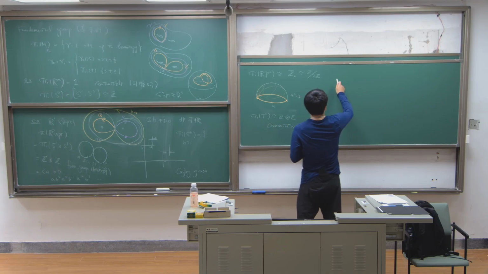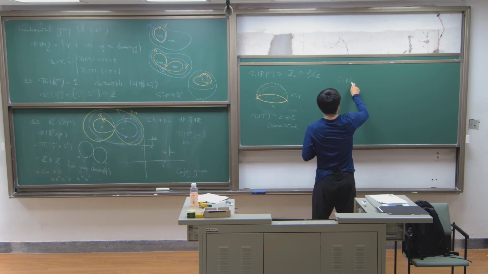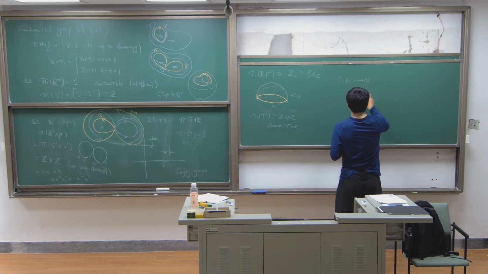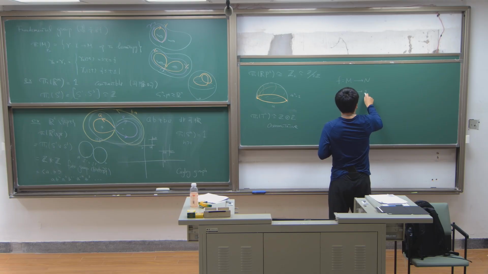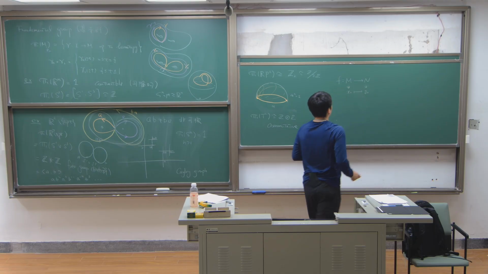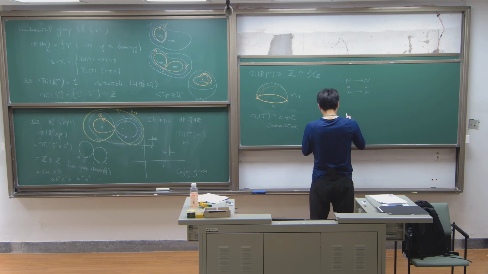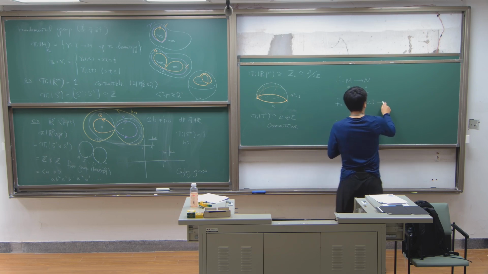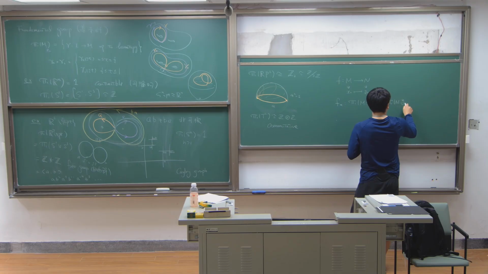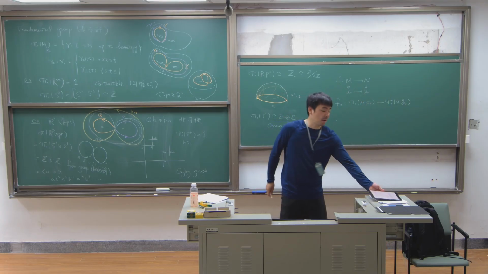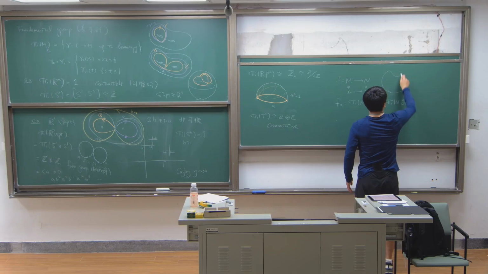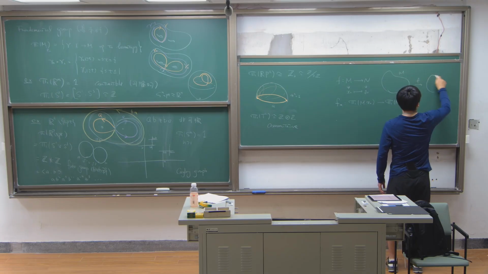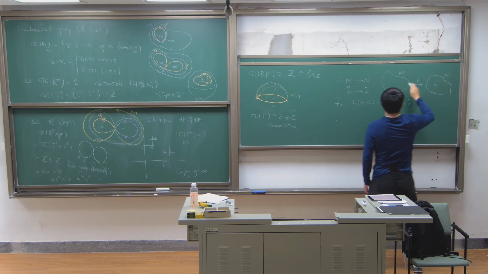And if you have a map from a topological space, mapped to Y0, then this will induce a map between the fundamental groups. So you just have a map between some space M to N, like this one.